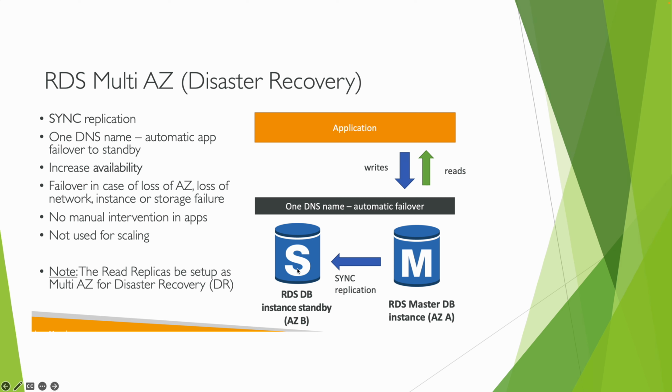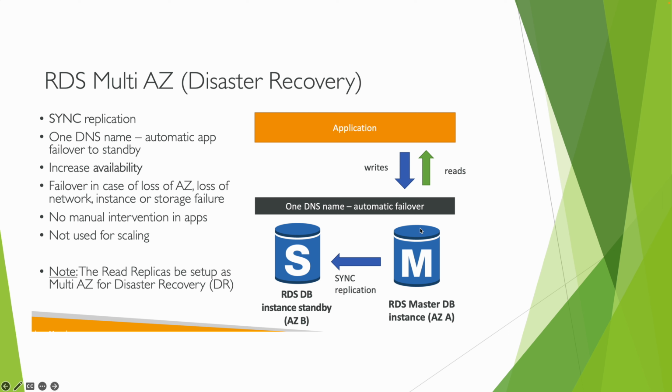This is not a read replica, so understand this: if a read replica is marked with R, then you have a master database, and we have a standby database in our B availability zone. We have one endpoint or DNS name where the application connects to the master instance.